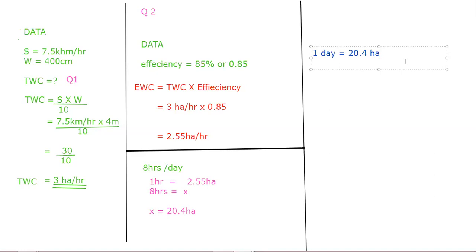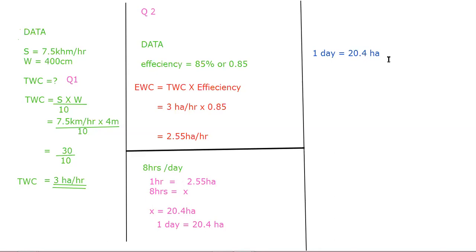We have seen that 1 day is equal to 20.4 hectares, because they just work 8 hours, and in 1 hour this is the hectares that they are doing.